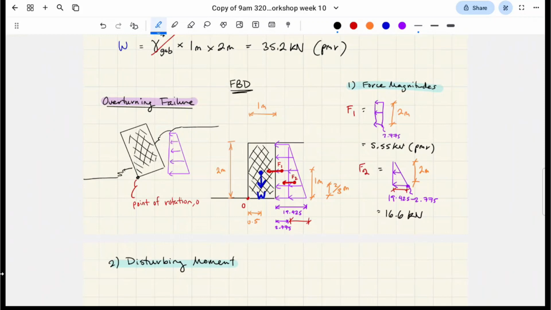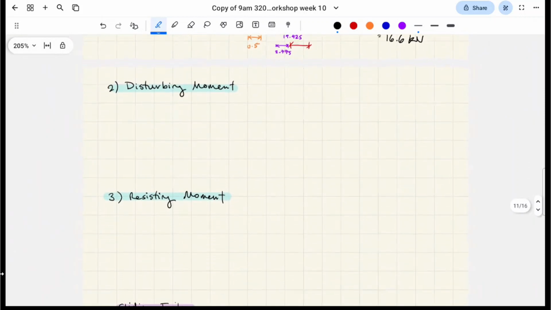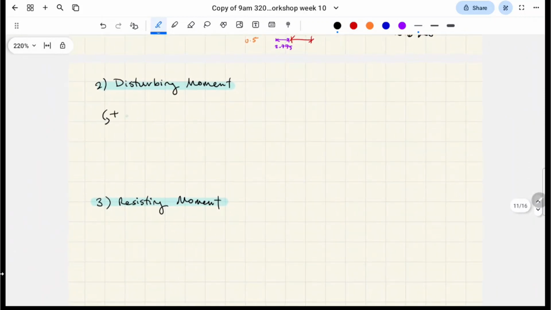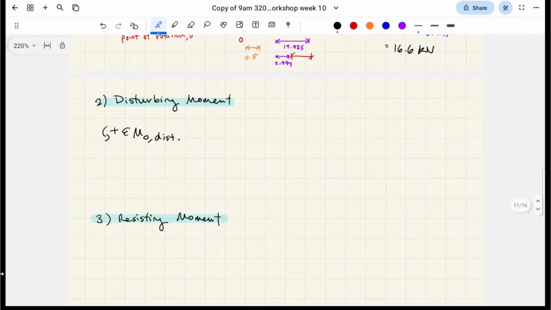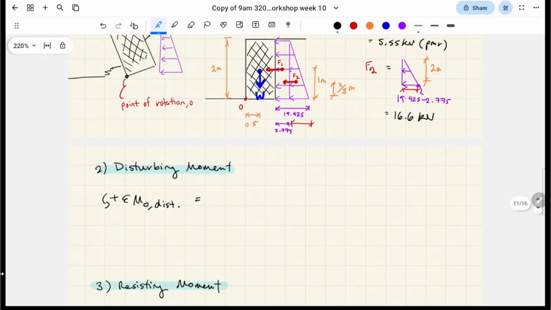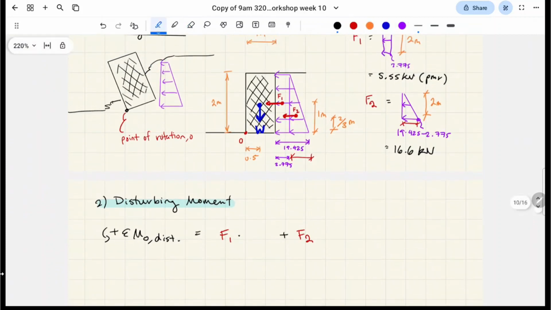All right, all make sense? So now we're going to do the disturbing moments and resisting moments, okay? So the disturbing moments, we're going to group together everything which gives us a counterclockwise spin about point O, okay? So that's all the forces times the lever arms. In this case, we only care about F1 and F2. F1 and F2 is those two blocks of the lateral earth pressure, right?